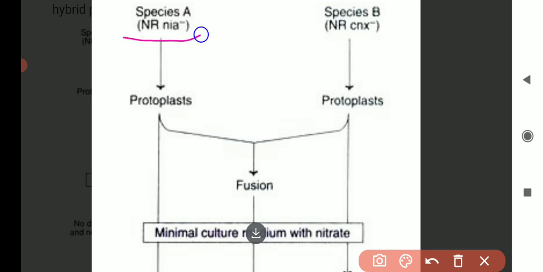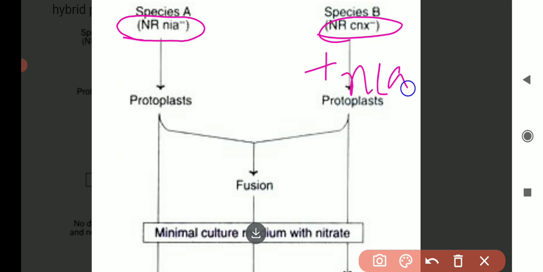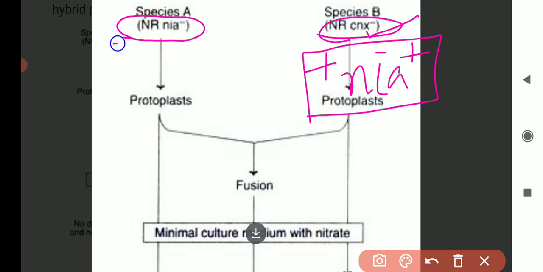This one is deficient in this thing, but it has NIA plus. This one is deficient in this, but it is abundant in CNX plus. Plus means it has lots. Minus means it has deficiency.